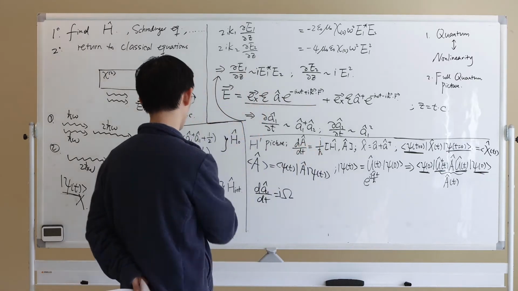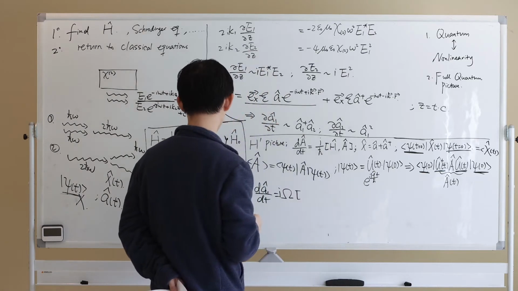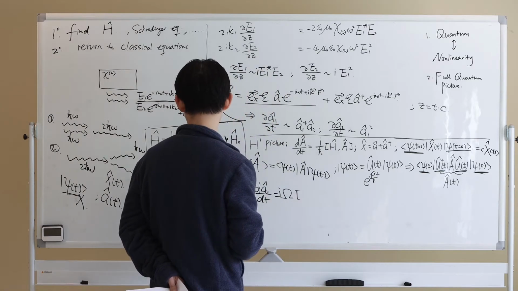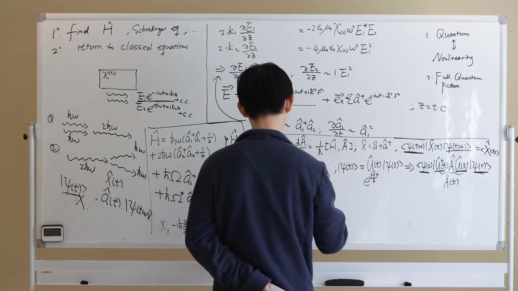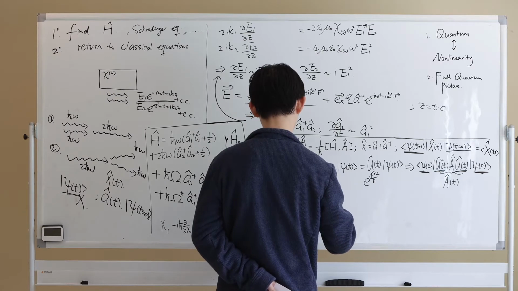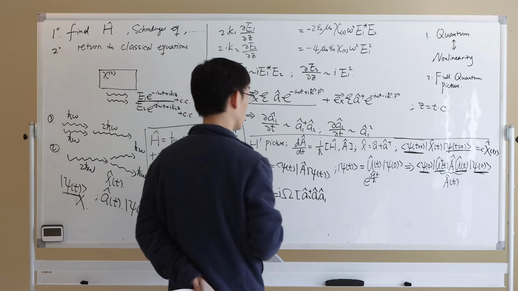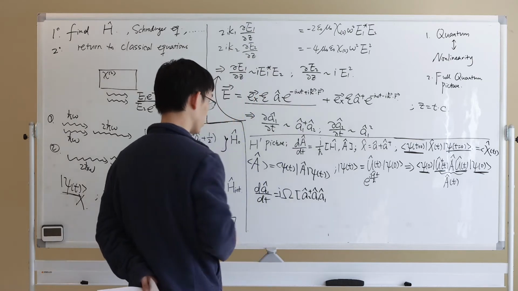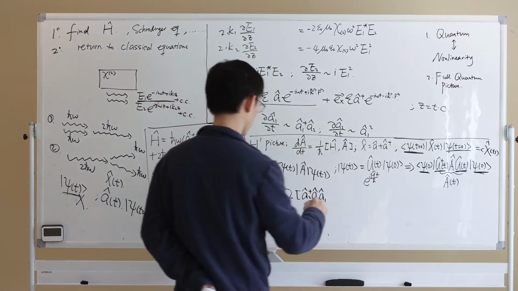Then you need to calculate the commutation relation between A2 and A1, with A1.